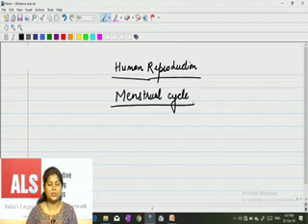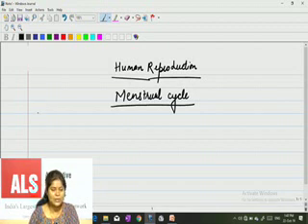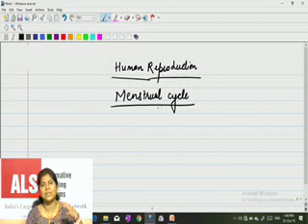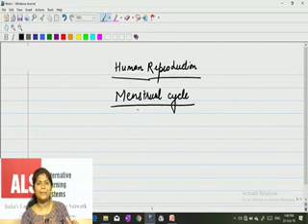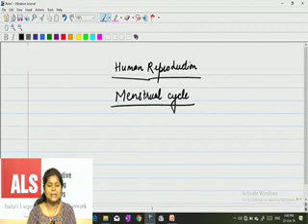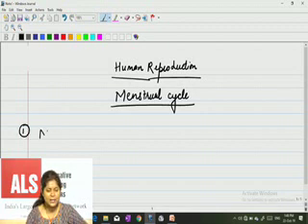We'll start with the menstrual cycle and try to finish today itself. Okay, so the menstrual cycle, the first and foremost thing is that it's a cycle. So we can start from any of the phases. But what we prefer is to put it in a sequence, as in the first phase we talk about is the menstrual phase.